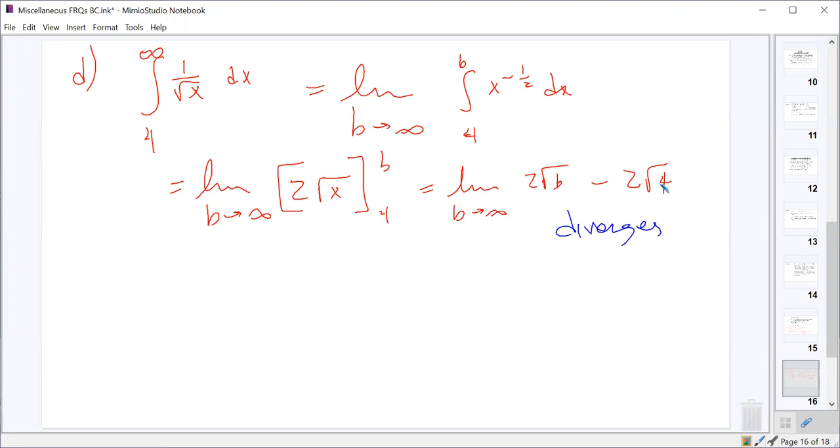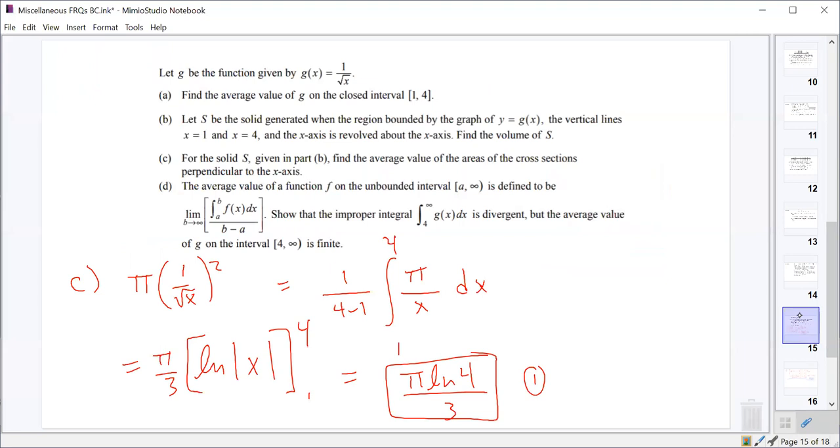And infinity minus 4 is still infinity. Everybody good with the first half of part D? Good.